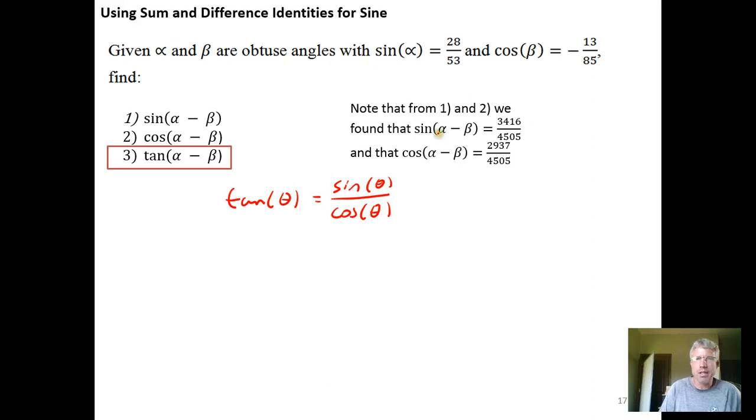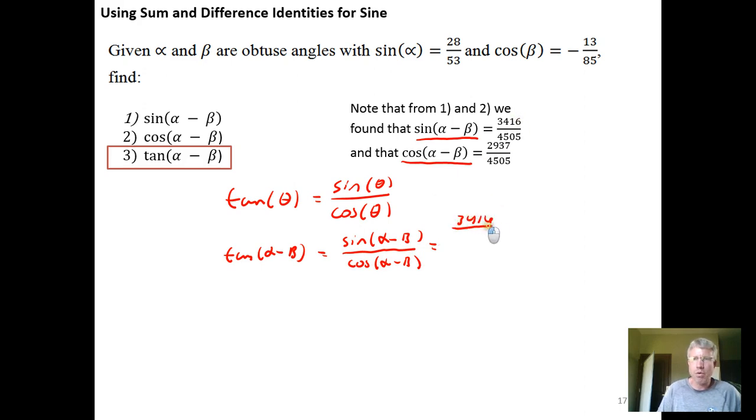And we've already calculated the sine of alpha minus beta and the cosine of alpha minus beta, which means that the tangent of alpha minus beta is just going to be the ratio sine of alpha minus beta over cosine of alpha minus beta. And we already have that ratio calculated.